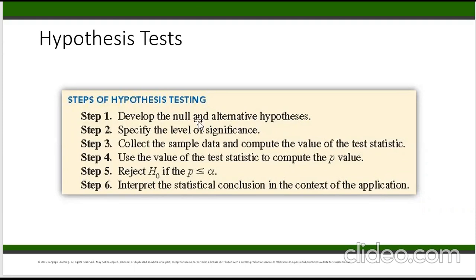I'll talk about the difference between null and alternative in a separate video, but just to quickly mention, the null always contains the sign of equality, whereas the alternative never contains the sign of equality.